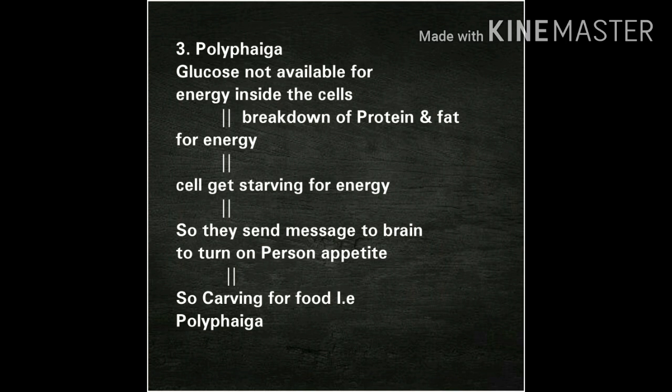By that the cells get energy, but due to the lack of glucose, the cells are starving for energy, so they send a message to the brain to increase the person's appetite. So craving for food occurs in the patient, and this condition is known as polyphagia.